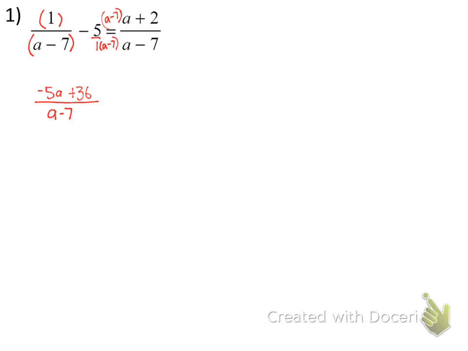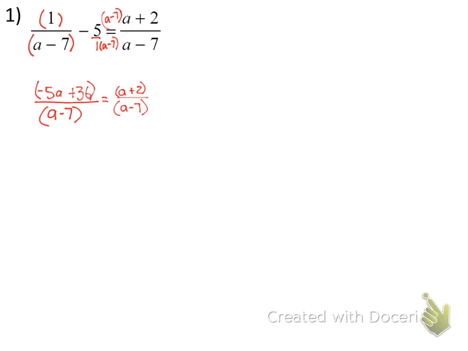All of that is equal to the other side, which is a plus 2 all over a minus 7. Okay, now we have two fractions that are equal to each other. Now we can put parentheses around everything and apply cross products, or cross multiply.